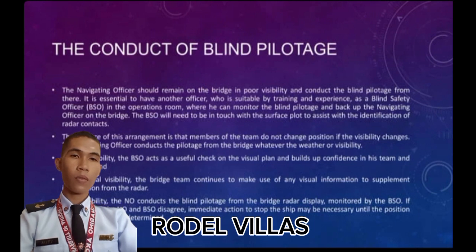In poor visibility, the NO conducts the blind pilotage from the bridge radar screen, monitored by the blind safety officer. If reports from the NO and blind safety officer disagree, immediate action to stop the ship may be necessary until the position has been accurately determined.